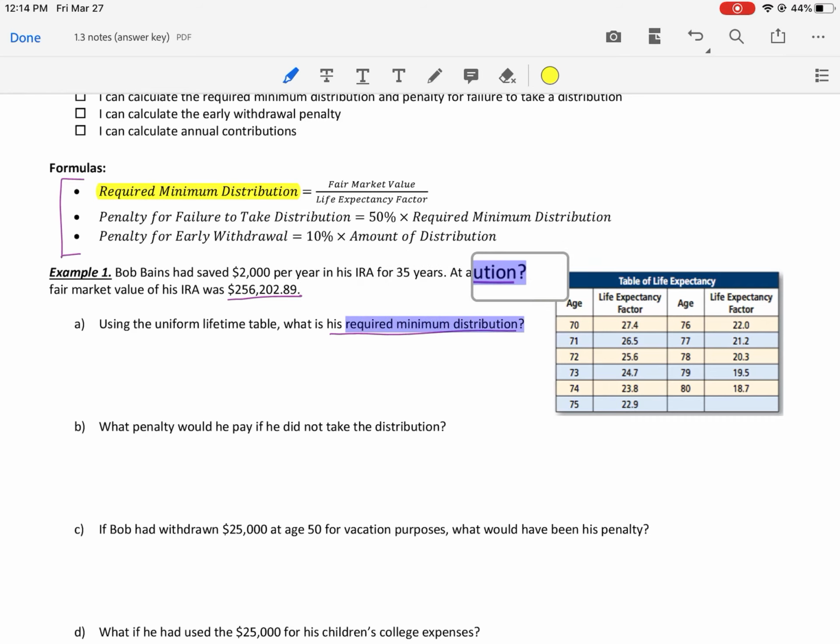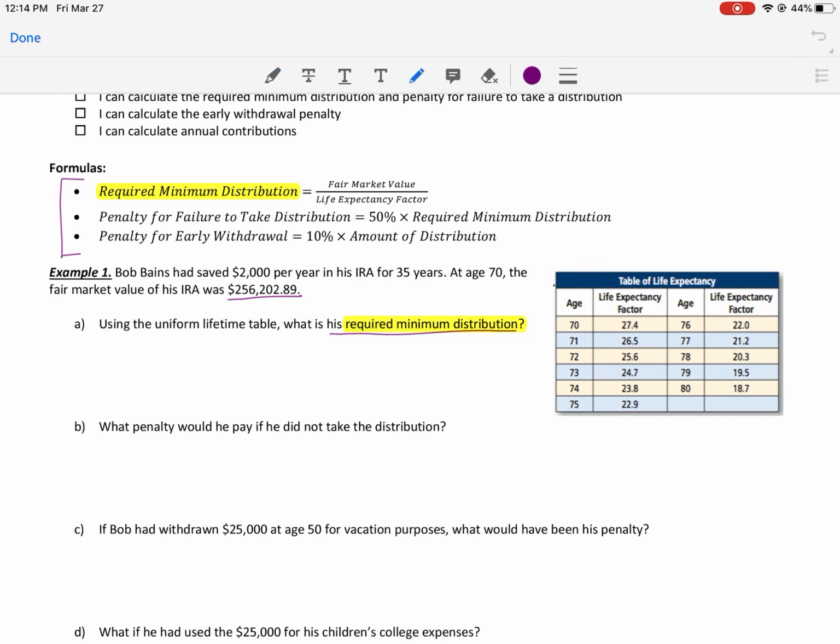So if we look up above, the required minimum distribution here that it's asking for, it says, is the fair market value, which in this case is the $256,202.89, and we're going to divide that by his life expectancy factor. So Bob is age 70. So if we look at age 70 on the table on the right here, we get the factor of 27.4.